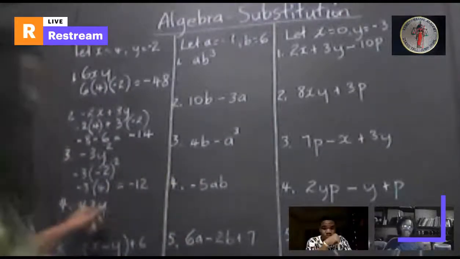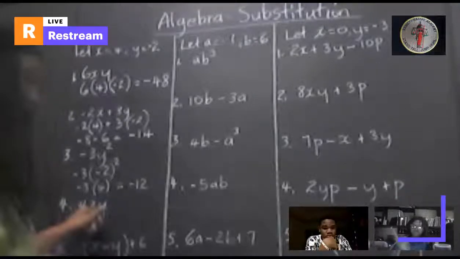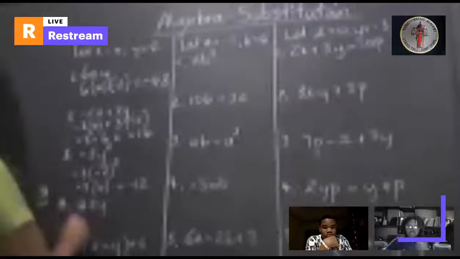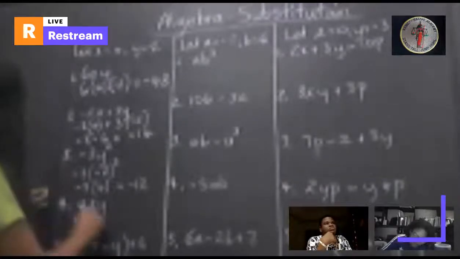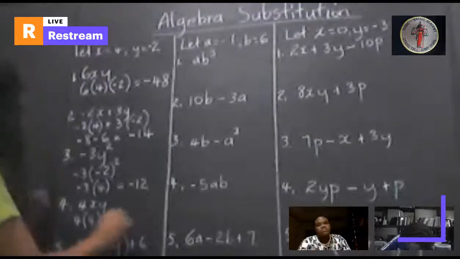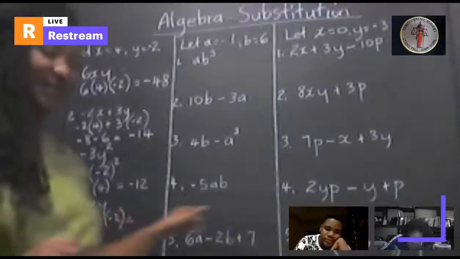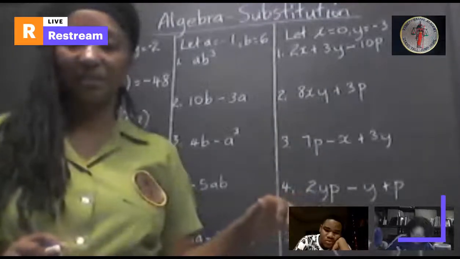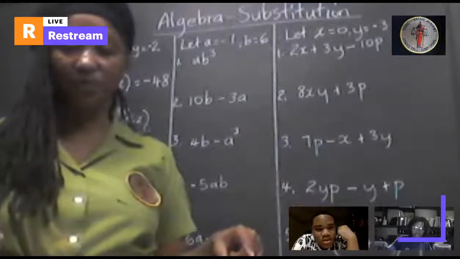All right, number 4, we have 4 times x times y. So that's 4 times 4 times negative 2. 4 fours is 16, 16 times negative 2.